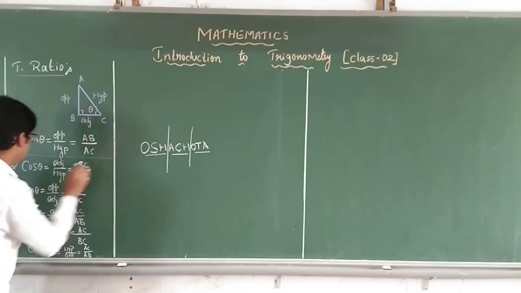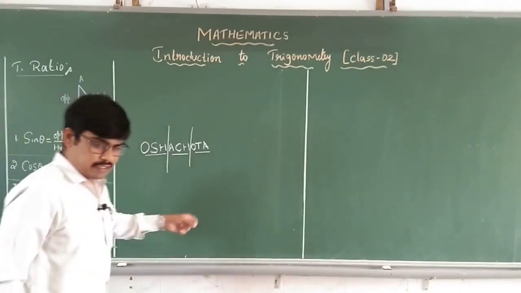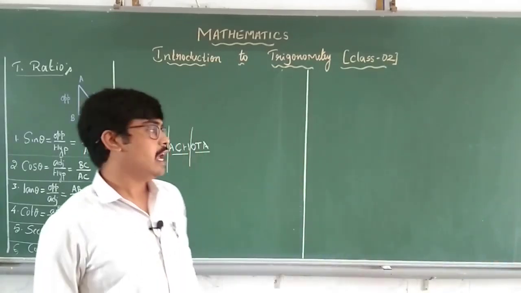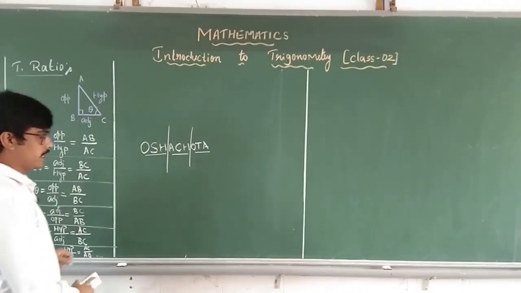This is the first one, second one, third one, fourth, 5 and 6. So, on the basis of these 6 T ratios, trigonometric ratios, let me discuss the problems on right angle triangles.